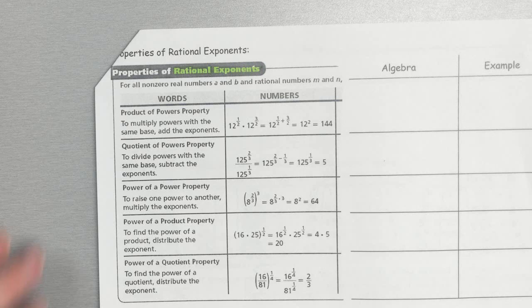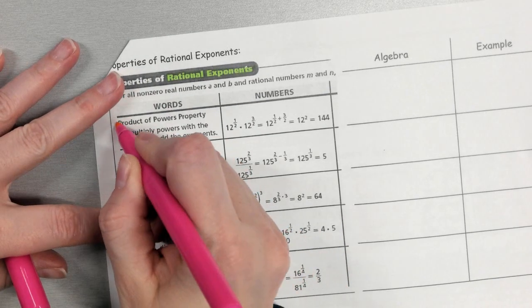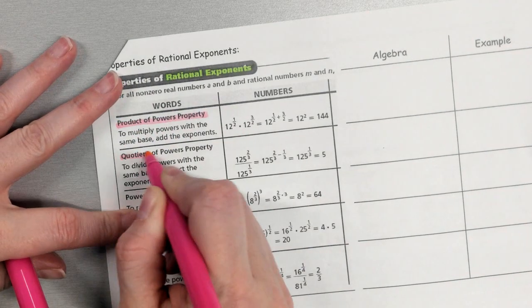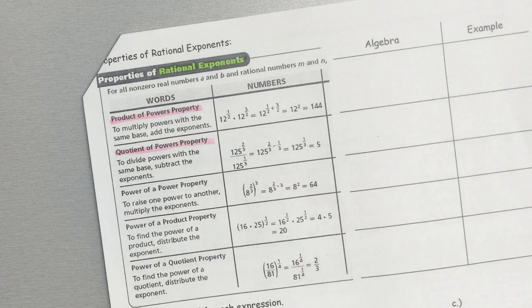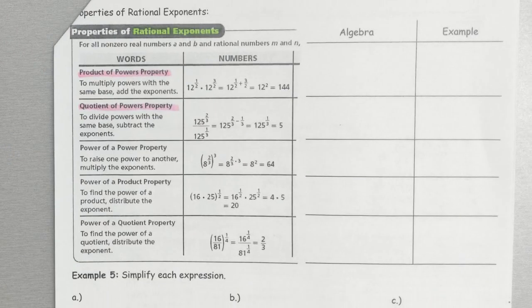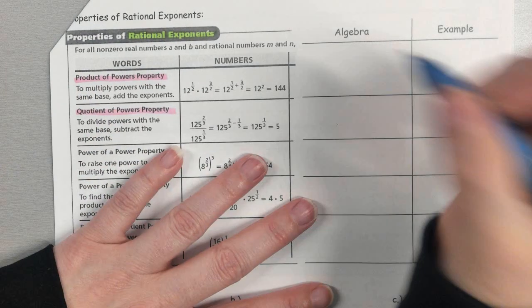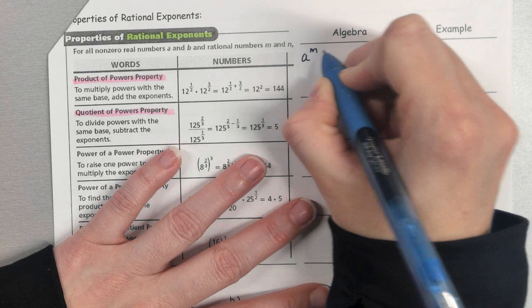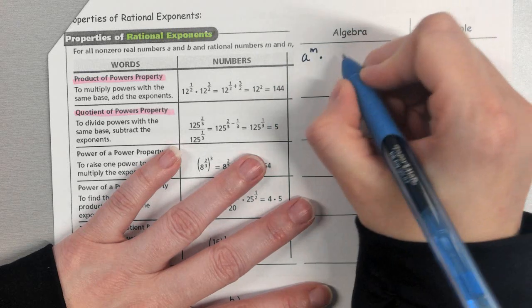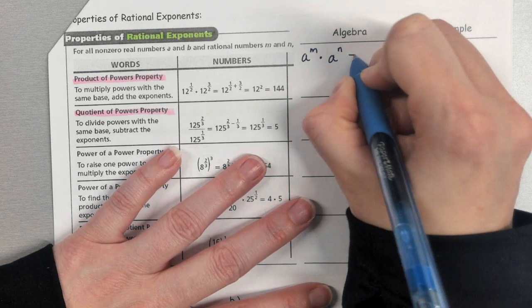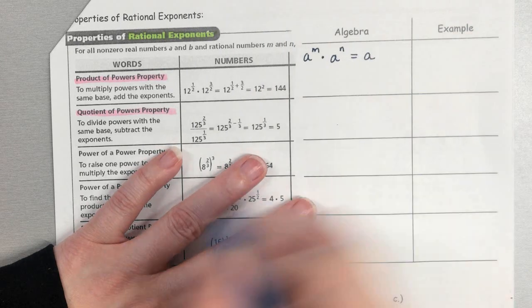Okay, so the first one is the product of the powers, and that is going to be very similar to the quotient of the powers. Okay, so if you have a to the m times a to the n, what do we do with the exponents?